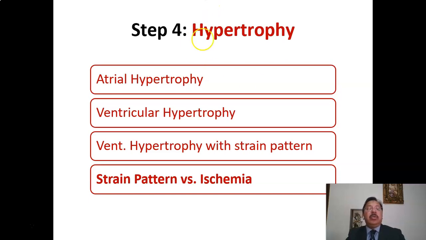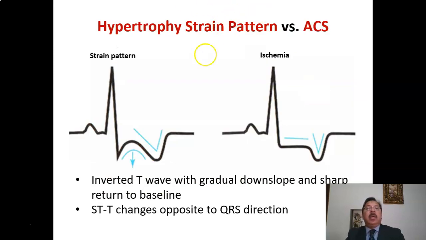Then finally, how to differentiate strain pattern from ischemia. As I mentioned earlier, in a strain pattern there is a gradual downsloping of the T wave and then a sharp rise. An inverted T wave with a gradual downslope and sharp return to the baseline is a feature of hypertrophy with strain pattern, and the ST changes are opposite to the QRS complexes.